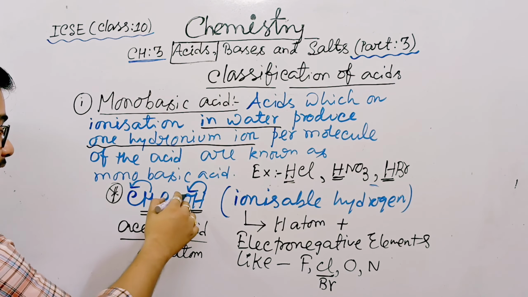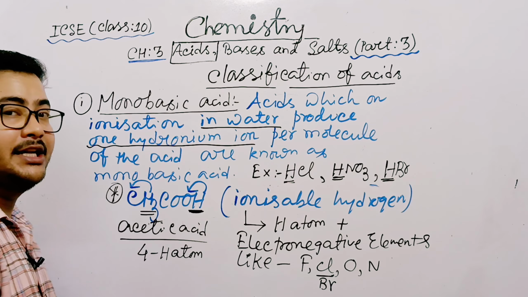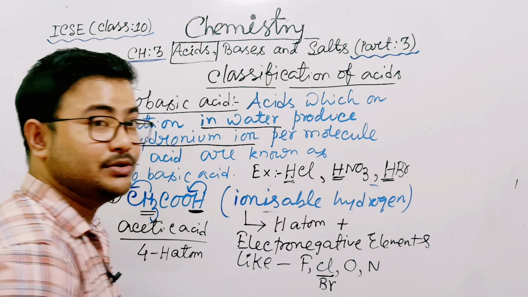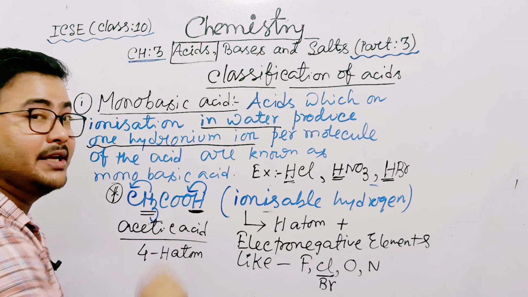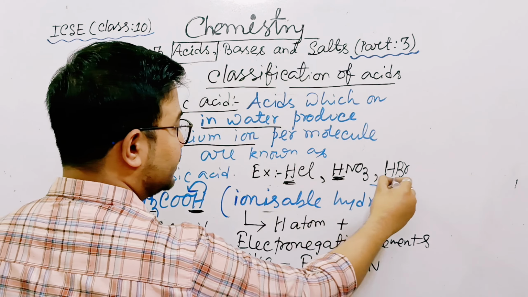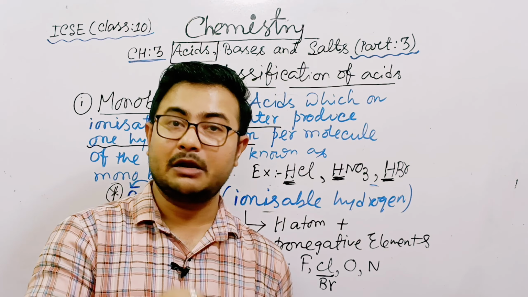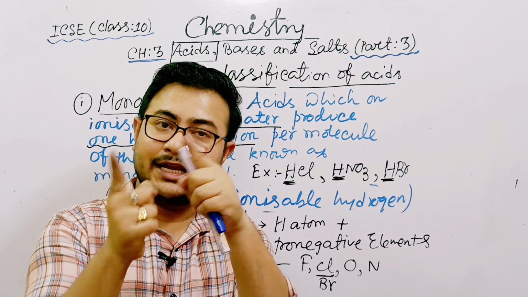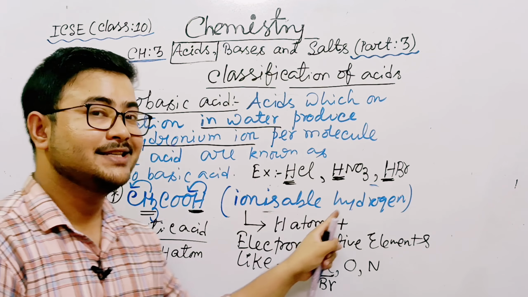Since only one hydrogen is attached with electronegative oxygen, it has only one ionizable hydrogen, and that is why it is a monobasic acid. Do you understand? In the case of acetic acid, though it contains 4 hydrogen, among these only one is attached with electronegative oxygen. That is why it contains one ionizable hydrogen atom.